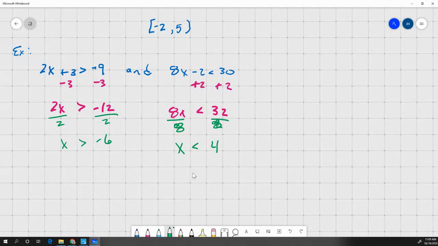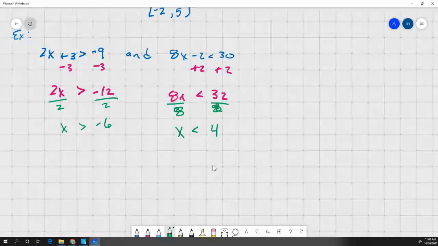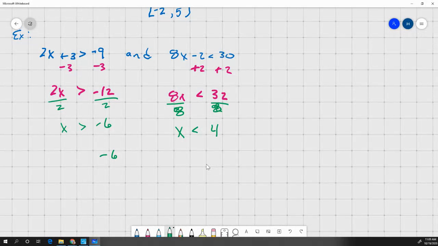So these are my two things, right? When I rewrite that compound inequality, x is greater than -6, so I'm going to put x in between -6 and 4.